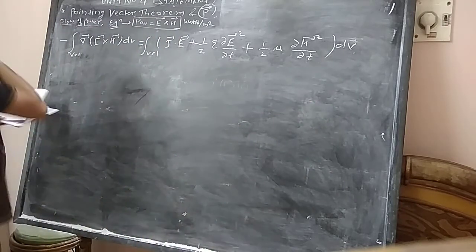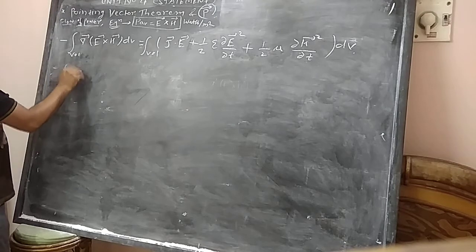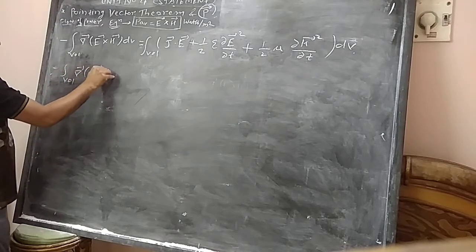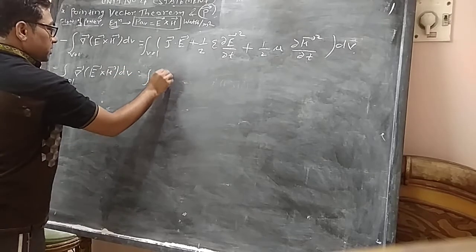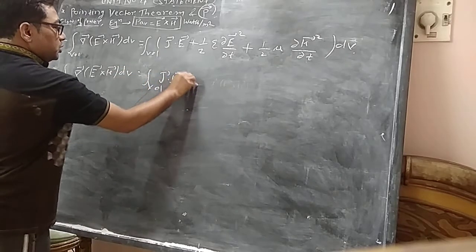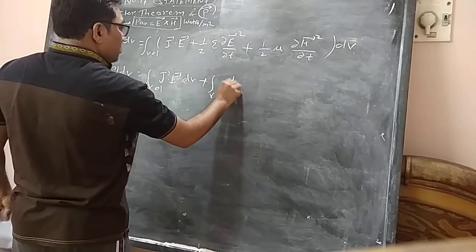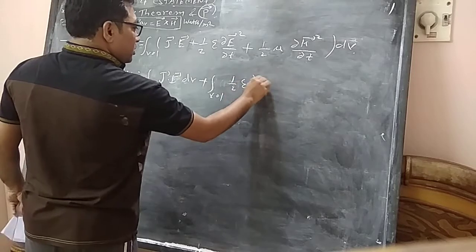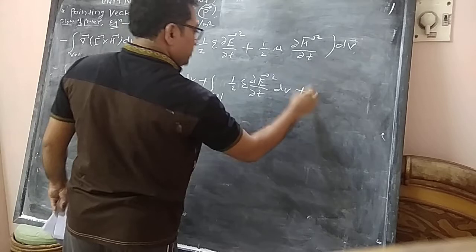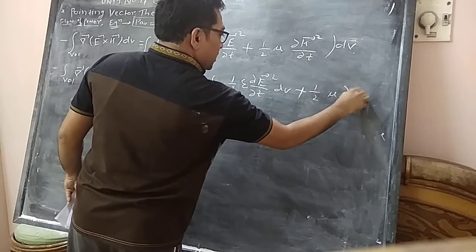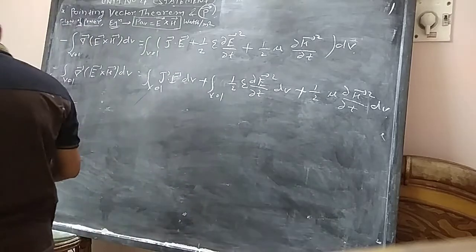Now separating the volume integral of each term: volume integral of del dot (E vector cross H vector) dV equals volume integral of J vector dot E vector dV plus volume integration of 1 by 2 epsilon del E square divided by del t dV plus 1 by 2 mu del H vector square divided by del t dV. So I have separated each term.